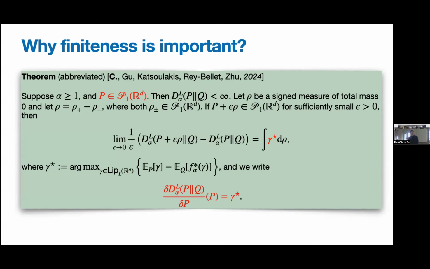The first variation can be written in terms of gamma star, where gamma star is the maximizer of the variational form in the definition of the Lipschitz regularized alpha divergence. In this sense, it has a well-defined variational derivative as long as P has a finite first moment.